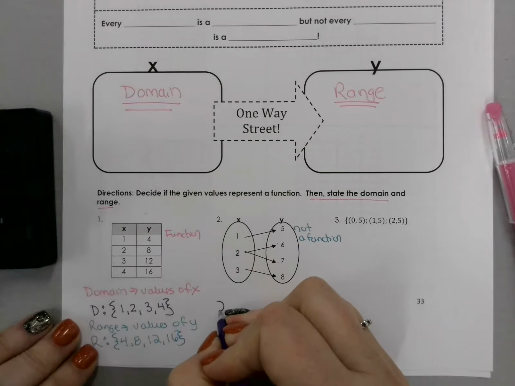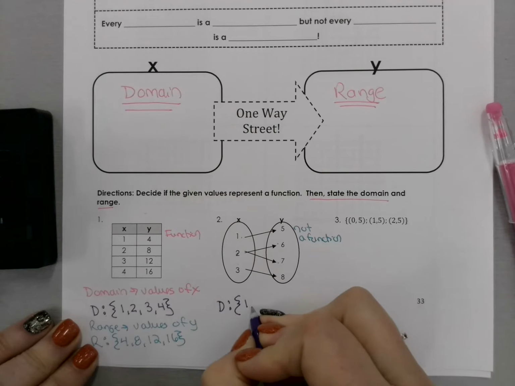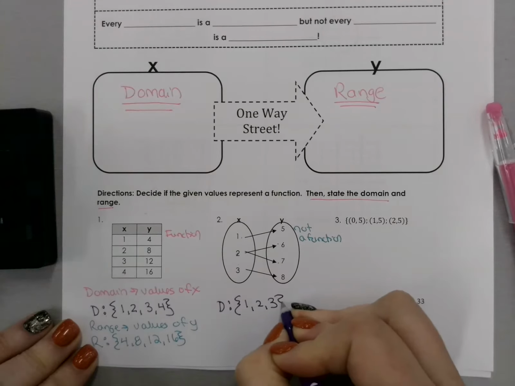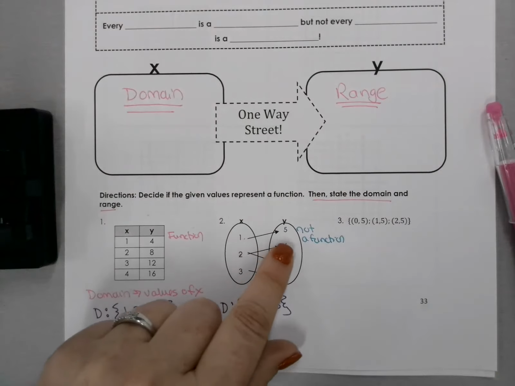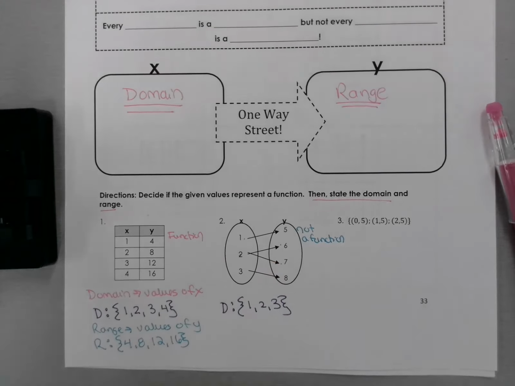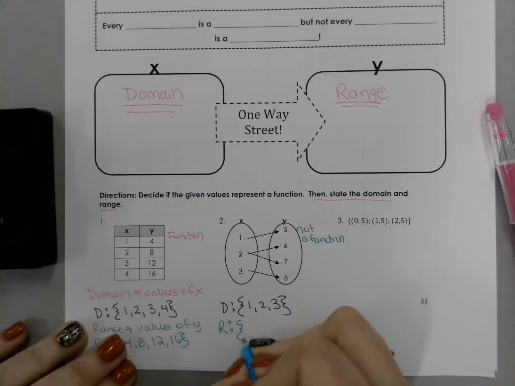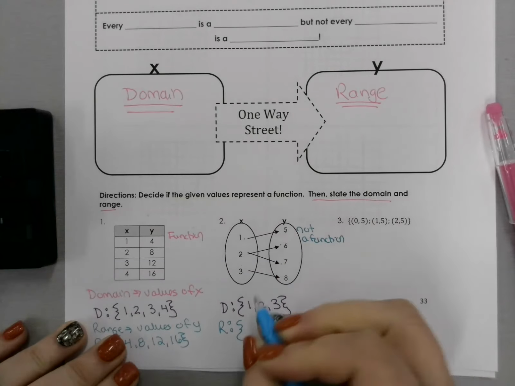The domain is going to be 1, 2, 3. Now you might say, but 2 goes with 6 and 2 goes with 7. Well, that is true, but when I'm stating domain and range, I do not state repeats. For my range, I can see that I have the numbers 5, 6, 7, and 8.